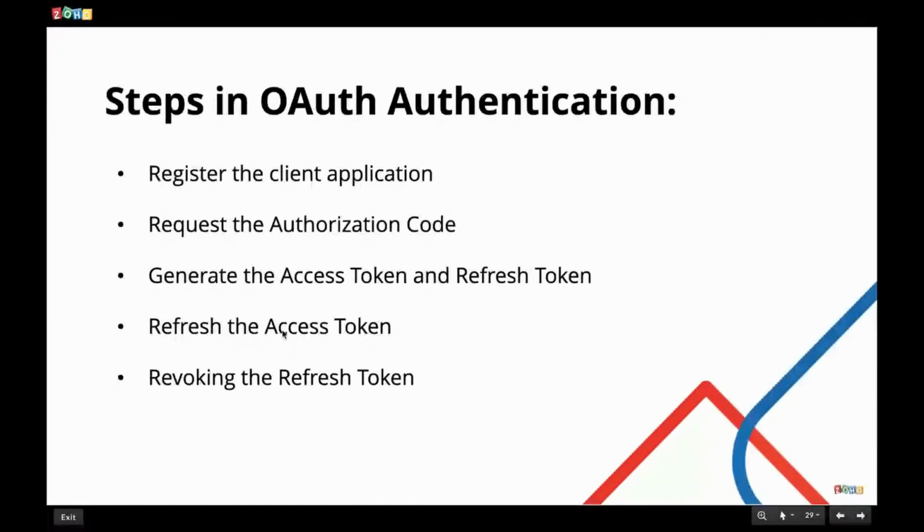So you need to pass the new access token in the API call. And you have the option to revoke the refresh token, so that the end user who has the old access token cannot refresh it. Even if they have a refresh token to refresh the access token, they cannot refresh it because you can revoke it using the revoke API request.